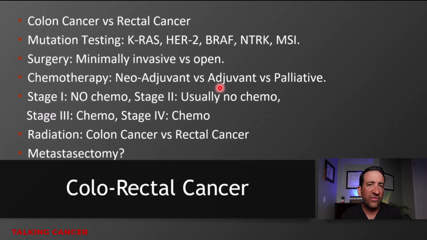Adjuvant means after surgery. So let's say you had surgery and your oncologist wants to give you chemotherapy to try to prevent this cancer from coming back. Remember when we said microscopic? That's right.